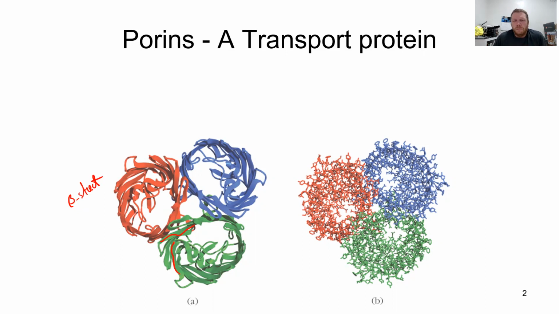These are sheet proteins. Now, what we have here when we talk about an example of a porin is a total of 3 of them, and they're all making this kind of cylindrical shape. What we're doing right now is viewing from the top down.